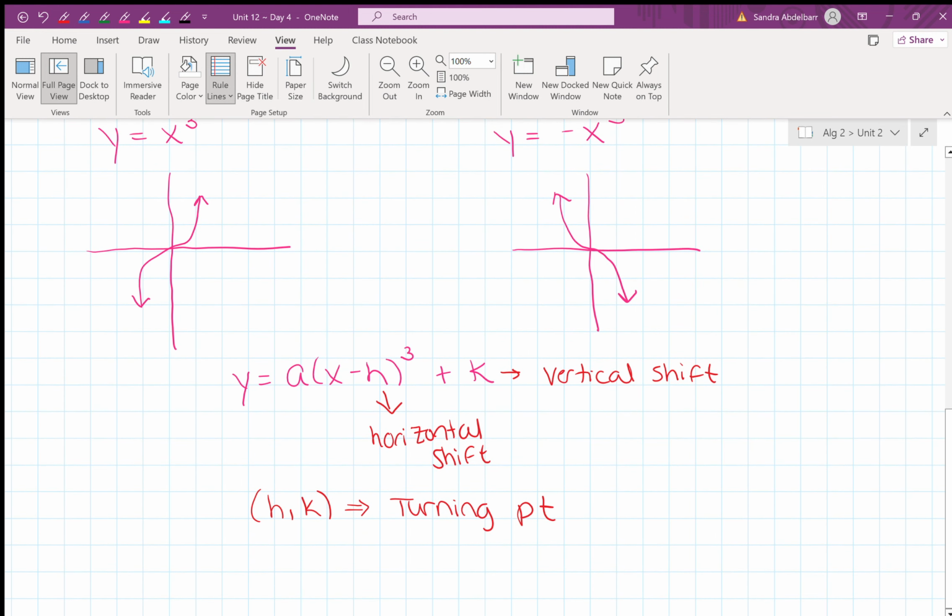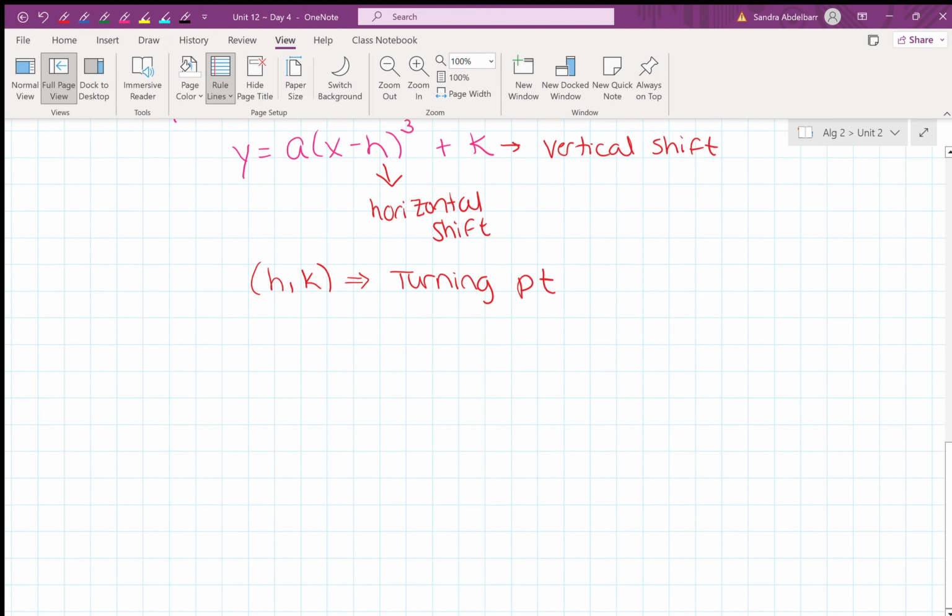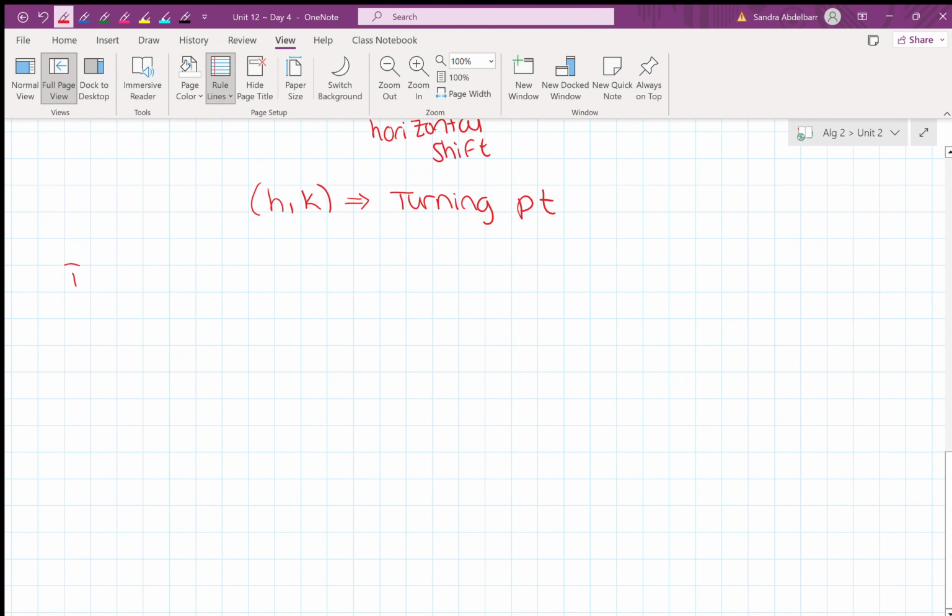All right, so can we do a shift one? Okay, so I want us to sketch y equals the quantity of x minus 1 cubed.